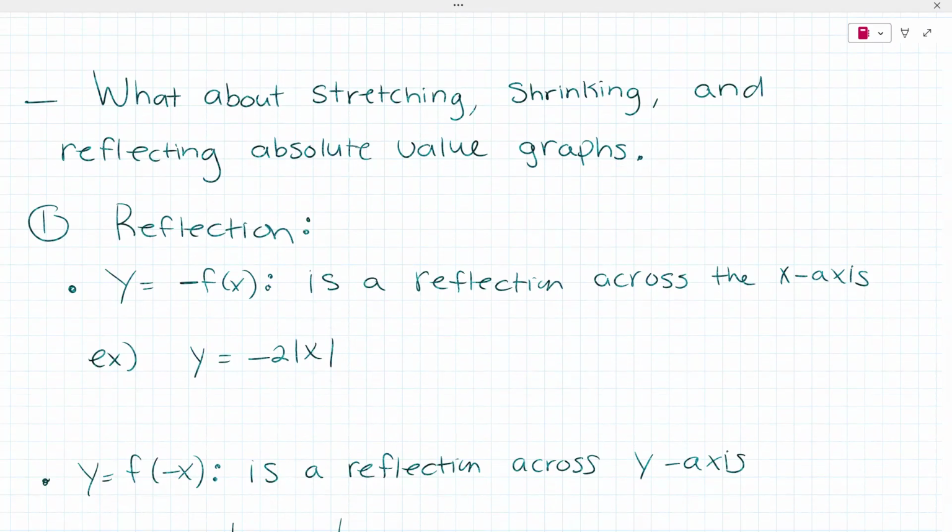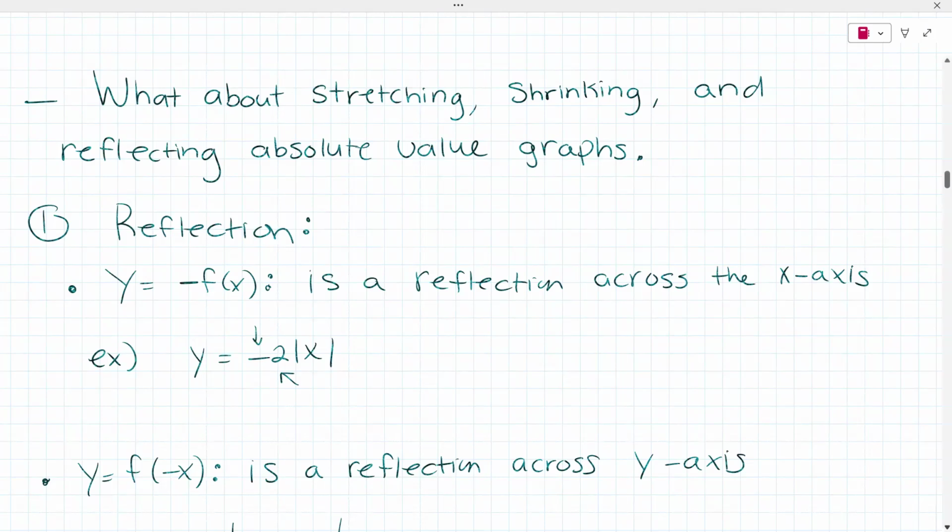If there is a minus outside the absolute value, we know that is a reflection across the x-axis. So, for example, y equals -2 of absolute value of x. This minus means there is a reflection across the x-axis. This 2 is something else. It is like a stretch or a shrink, and that's the next thing we're going to talk about.